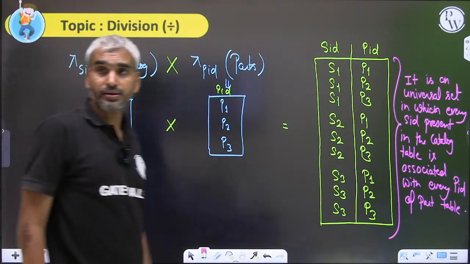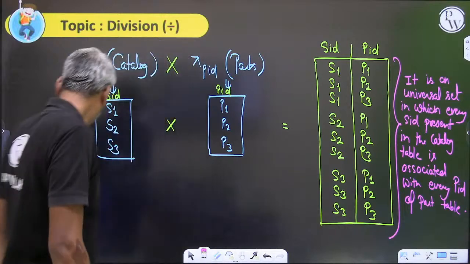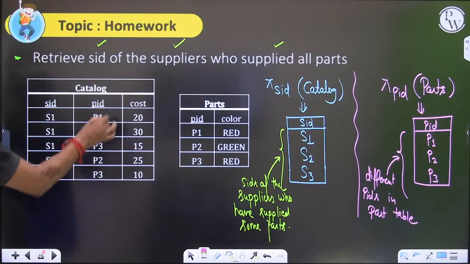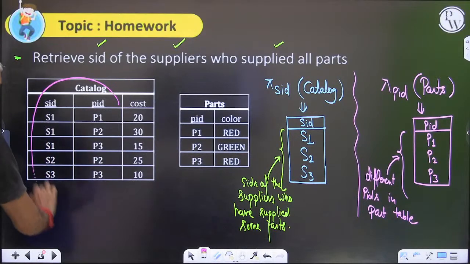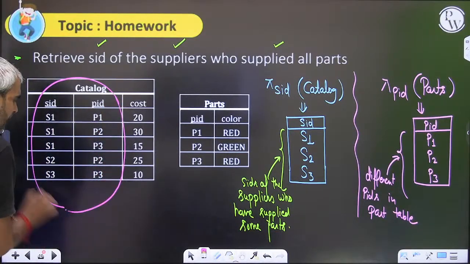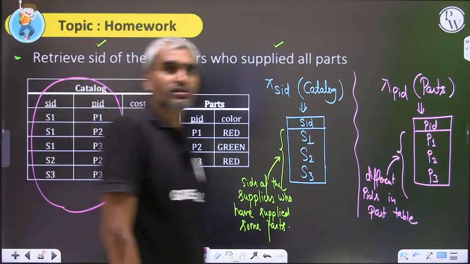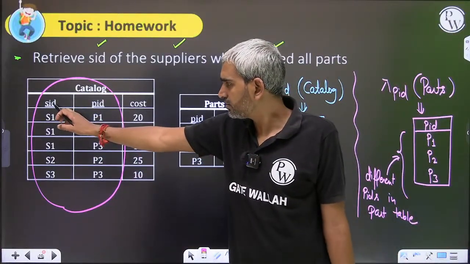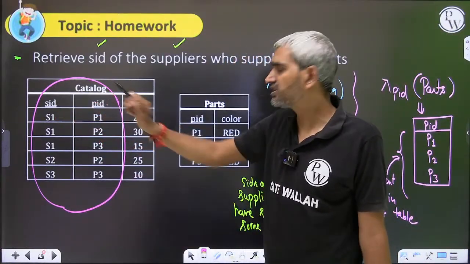Now, the important thing that you need to understand is that in the original catalog relation, we have the information that a particular supplier has supplied which parts, that is, which supplier has supplied which specific part.